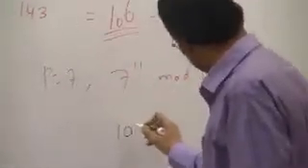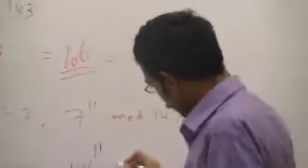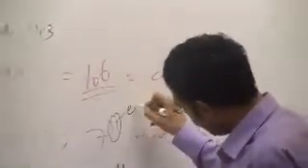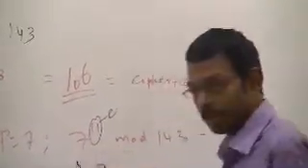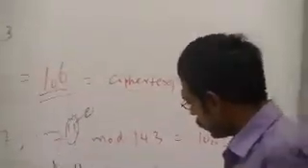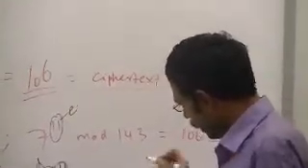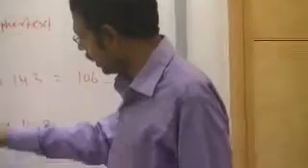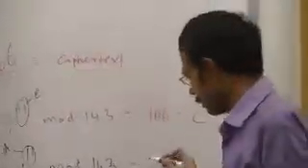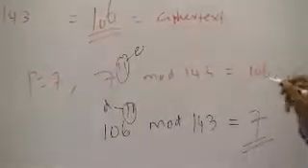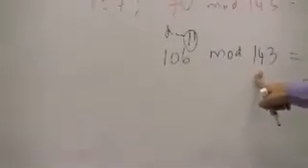So 11 is your encryption key, 11 is your decryption key, mod 143 again. What should we get? Plain text 7. The cipher text raised to 11 mod 143, you should get back your 7, if you did it right.